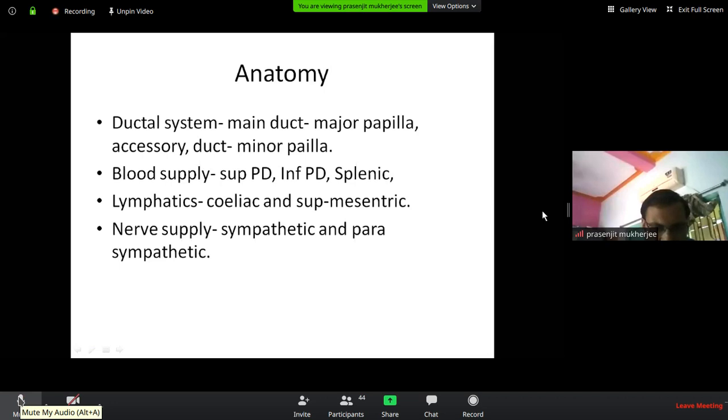You all know it: the pancreatic duct joins with the bile duct and drains through the sphincter of Oddi in the major duodenal papilla.